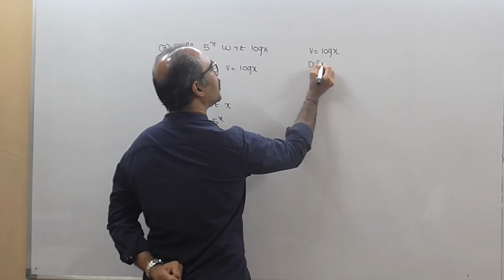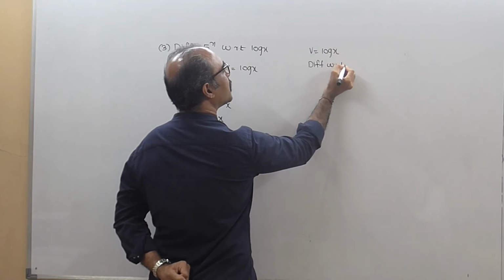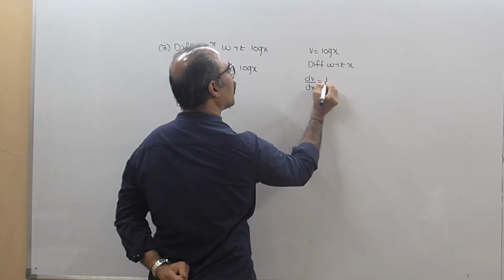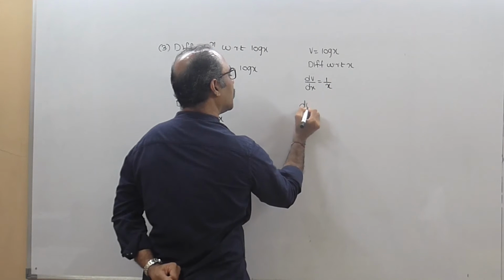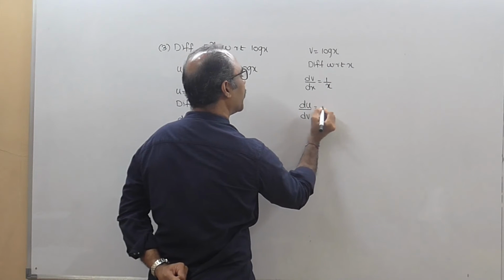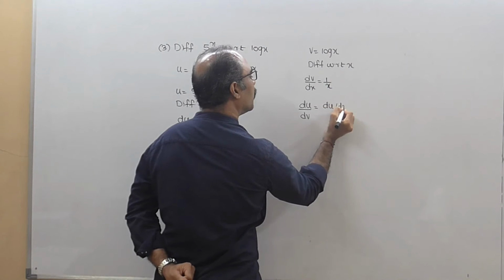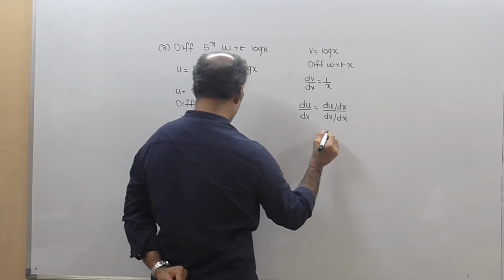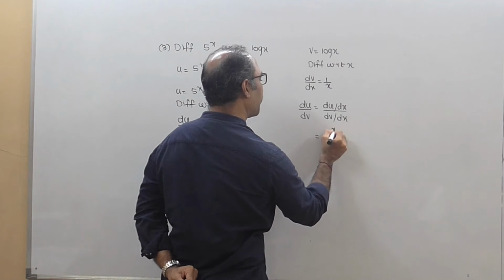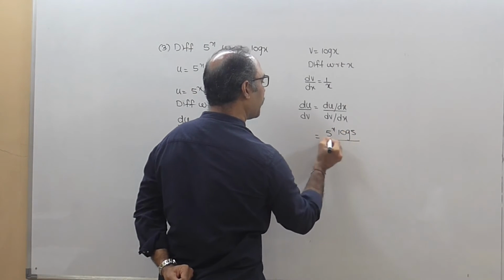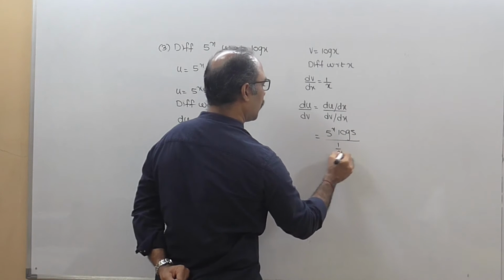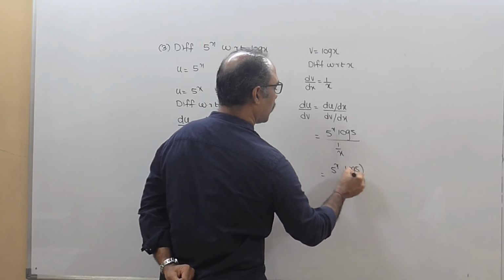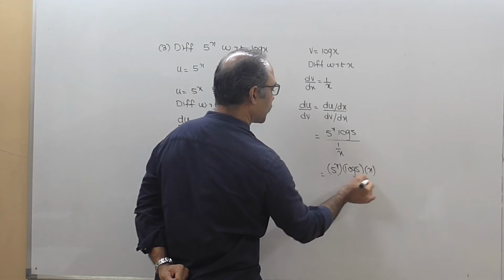Again you differentiate with respect to x. We get dv by dx, derivative of log of x is 1 upon x. We have to find the value for du by dv. du by dv is du by dx, the whole upon dv by dx. du by dx is 5 raised to x log 5 and dv by dx is 1 upon x. So this becomes 5 raised to x log 5 into x.